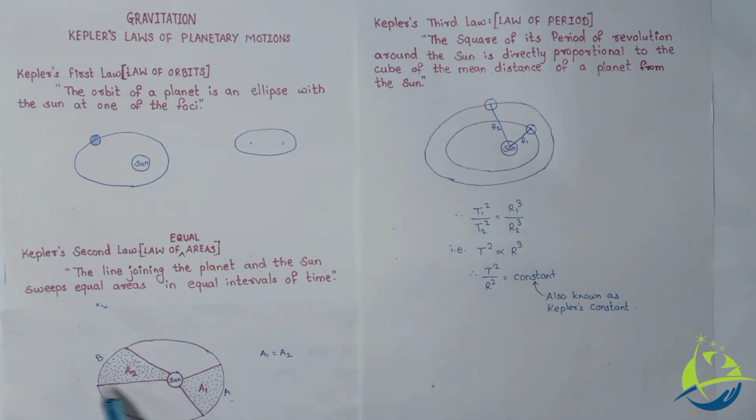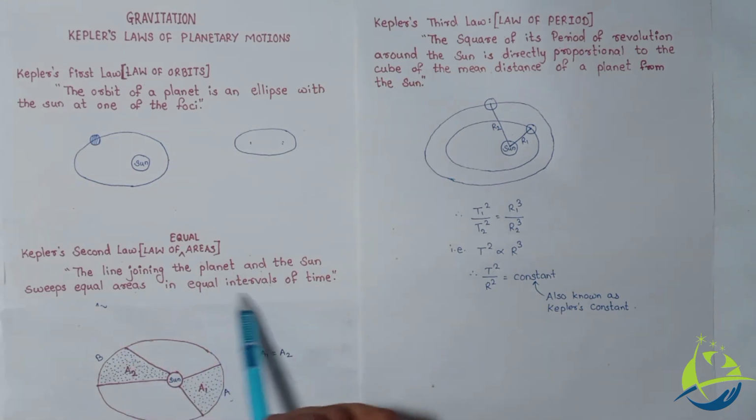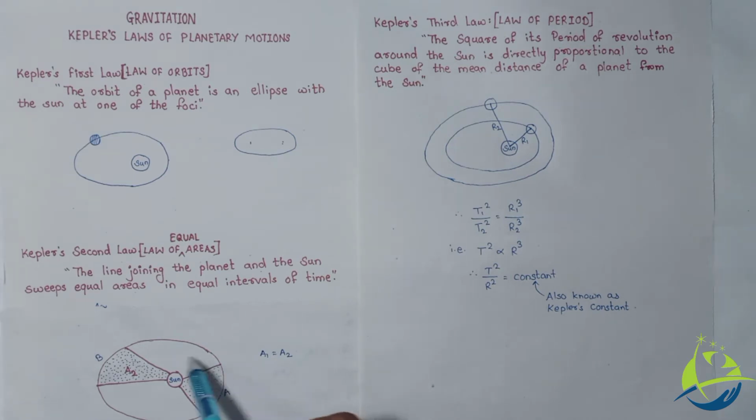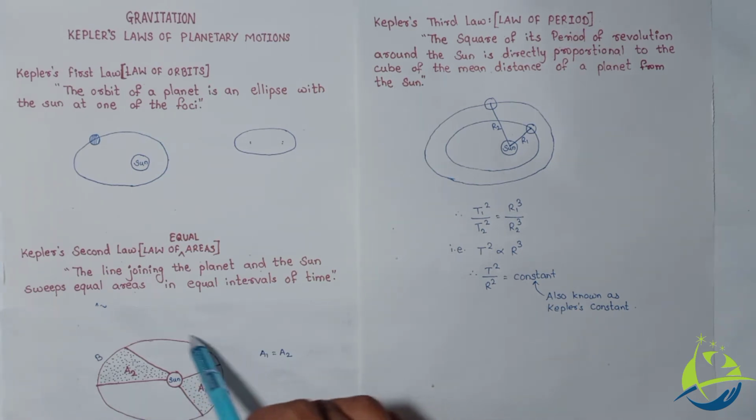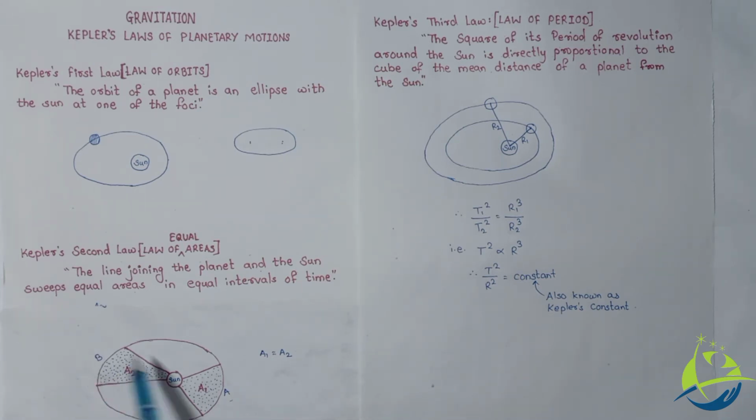Here also the line joining the planet and the sun sweeps out equal area. See, equal areas in equal intervals of time, meaning the time period will be the same at both positions. For position A it will be t0 or t, and after moving towards point B it will be the same, t0 only, it will never change. This is your second law.